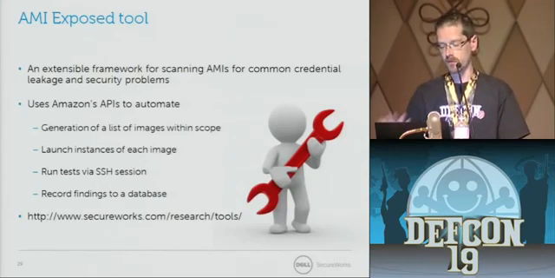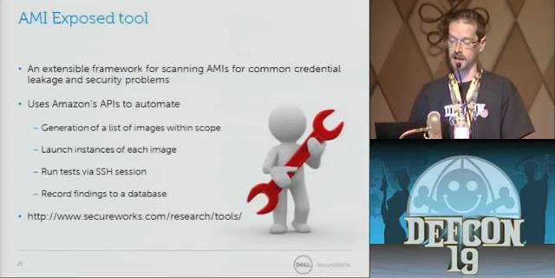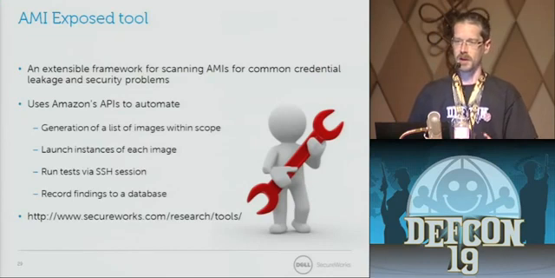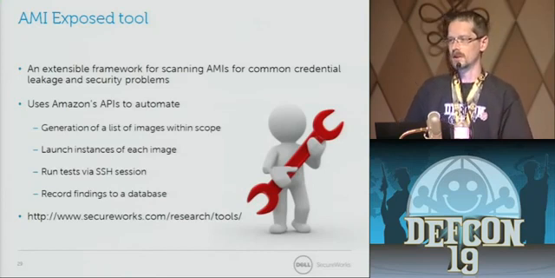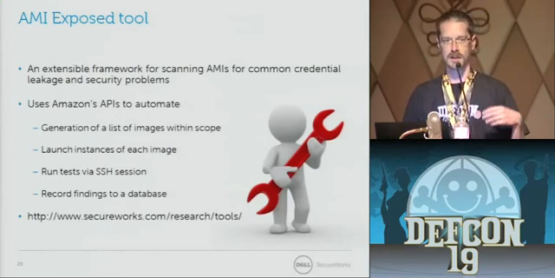It's essentially a framework for scanning AMIs for these credential leakage patterns. I tried to follow a similar model to what Metasploit does, although my code's nowhere near as elegant or capable. But in a similar vein, there are test modules that you can plug in to add new functionality with very little code, and leverage the existing classes and object model to add new tests.